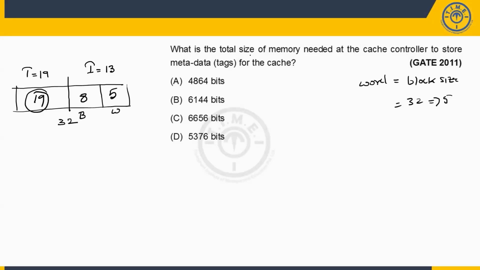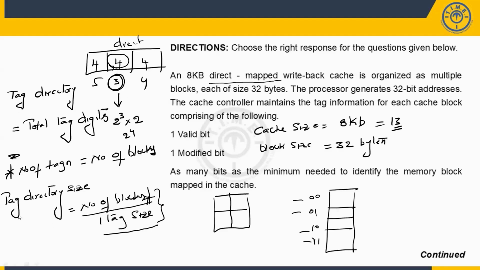The question is, what is the total size of the memory needed at a cache controller to store the metadata for tags? This metadata for tags can also be called a tag directory. What is the tag directory size? Tag directory size is equal to number of blocks into tag size. Here, within the question, we are also given that every tag contains two additional digits. For every tag, there will be two additional digits, that is one valid digit, one modified digit.